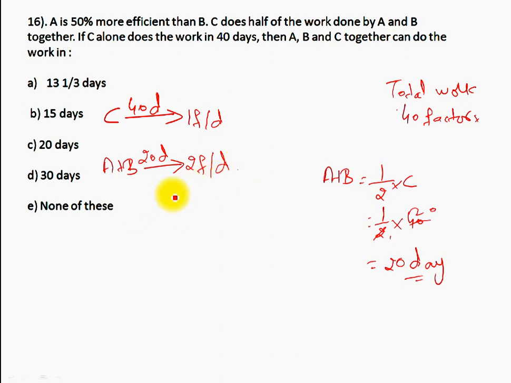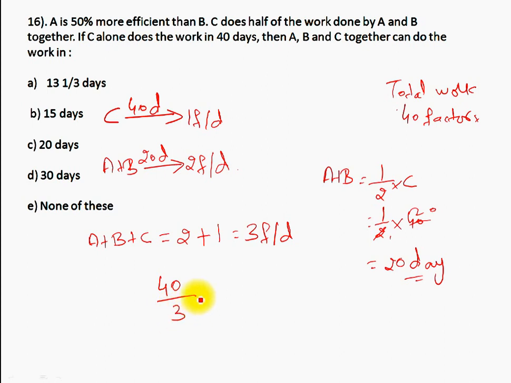Next step says if they work together, that is A plus B plus C: A plus B value is 2 and C value is 1, so they can complete 3 factors per day. How many days are required to complete 40 factors of work?